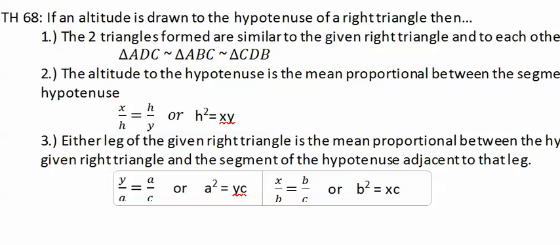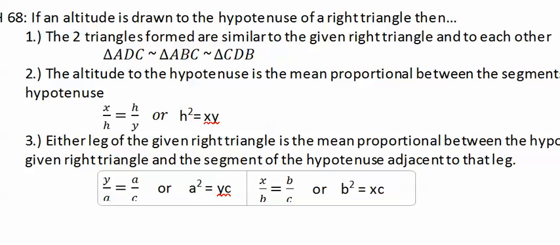Now, here are some conclusions that we drew. We already stated the first one, that the two triangles formed are similar to the given right triangle and to each other. The second is the altitude to the hypotenuse is the mean proportional between the segments of the hypotenuse.